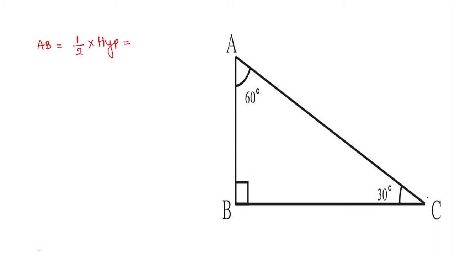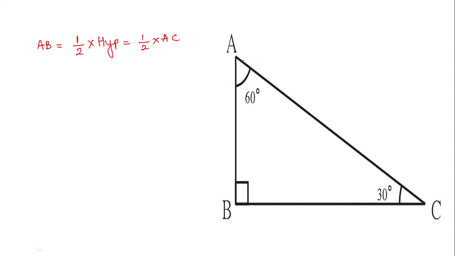That means AC. So it will be half of AC. Now if you know the value of AC, definitely you can find the value of AB. Let's take any assumed value. If AC is 8, then AB is going to be 4. If AC is 10, then AB is going to be 5. So the side which is opposite to 30 degrees, that is AB, will always be half of the hypotenuse.